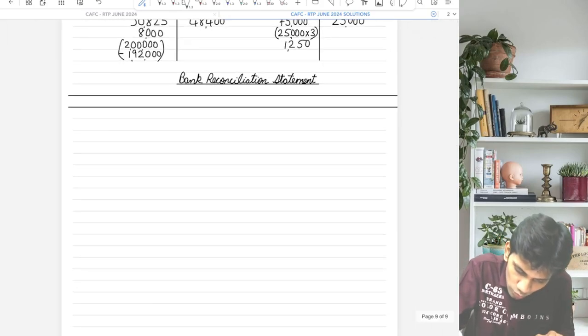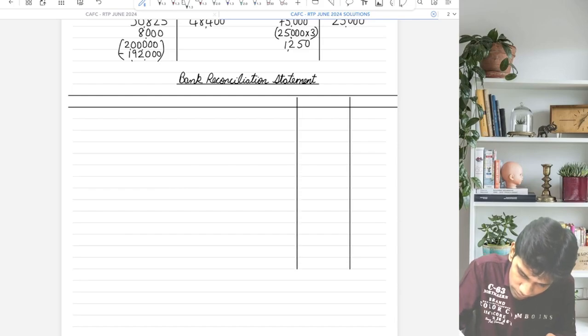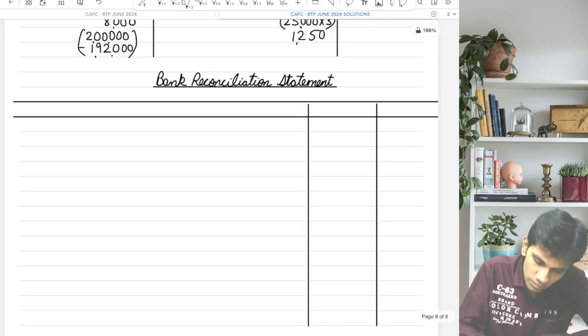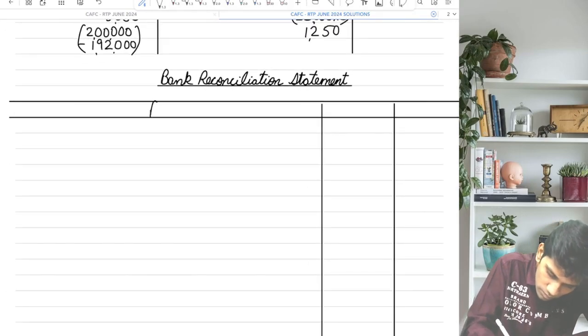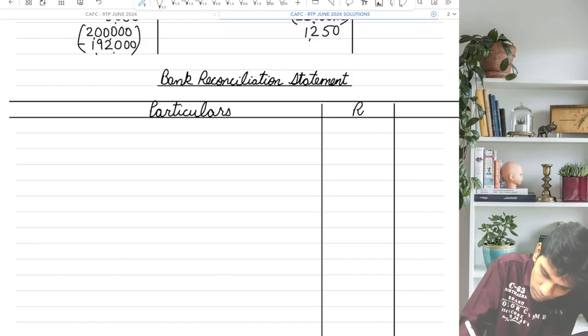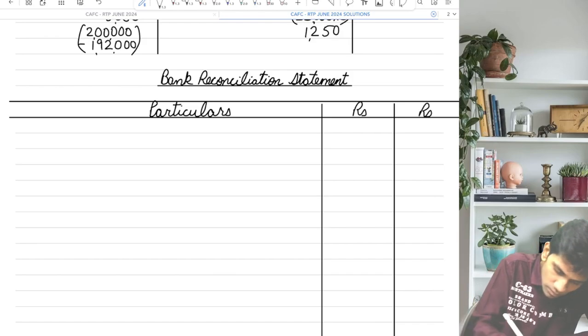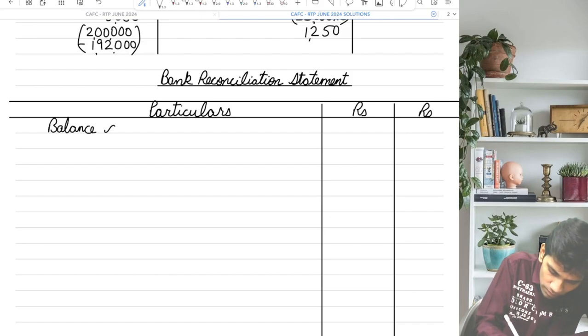Particulars and 2 rupees column. Balance as per passbook.